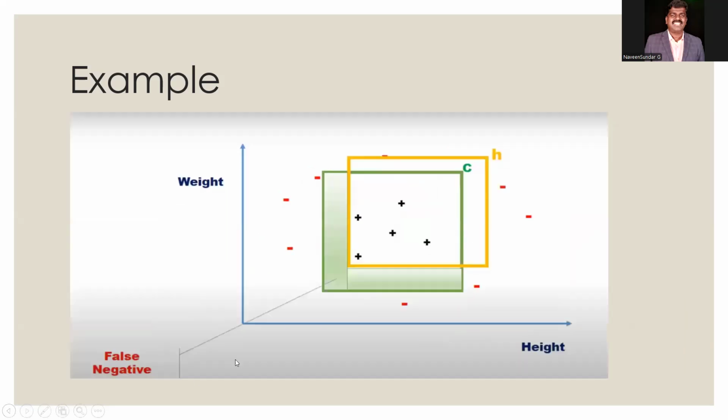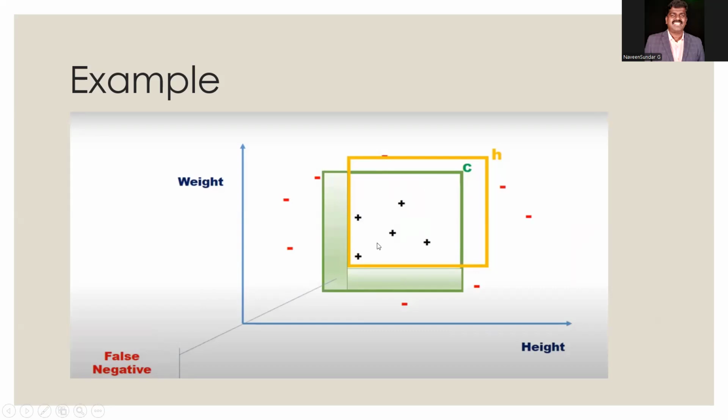Similarly, we can say there is a false negative as well. This is the actual value. When we look at it, the rectangle we have drawn looks correct, but we are going to find out based upon the value whether it is a false negative, because this does not fit in it.